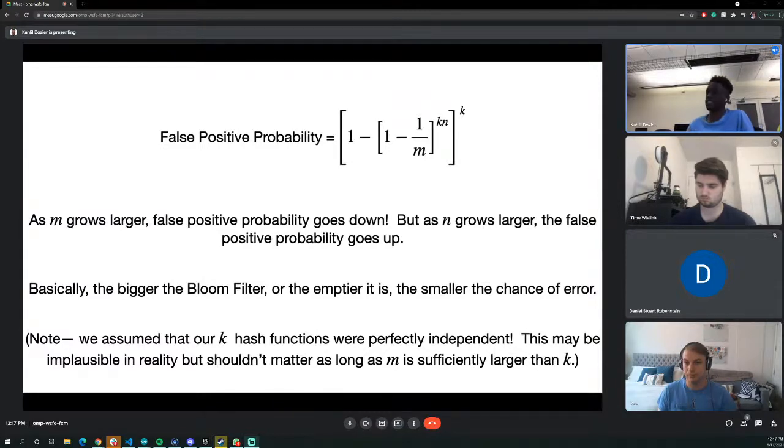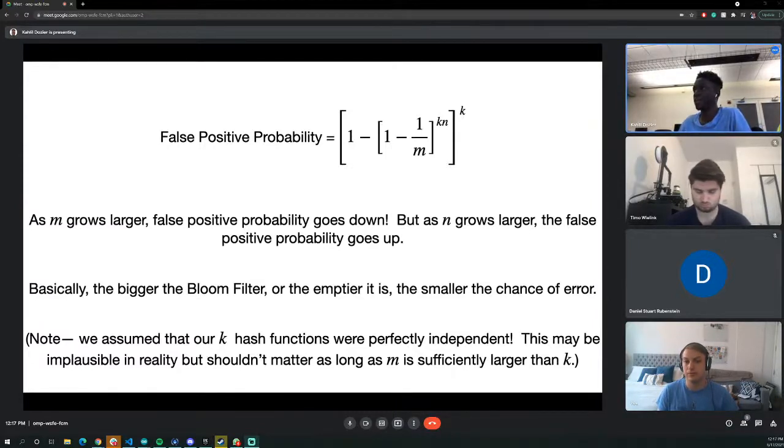And actually, let's look at a little bit about the dependency on m, n, and k. So the first thing to note is as m grows larger, remember, the size of your Bloom filter, the false positive probability actually goes to 0, which makes sense. As you have a larger and larger Bloom filter, less and less chance of collisions.